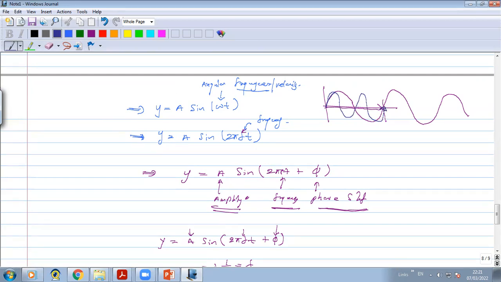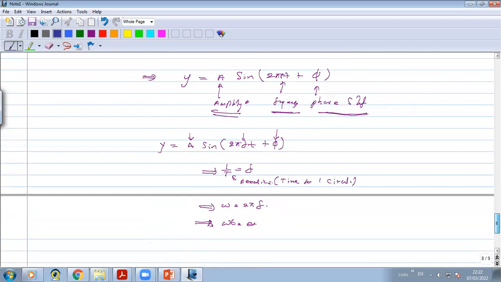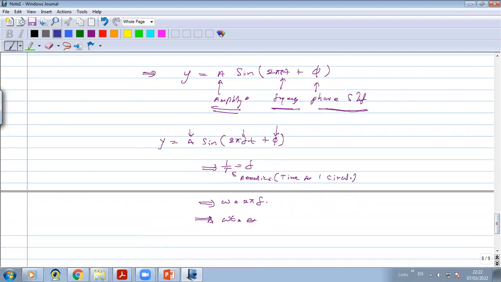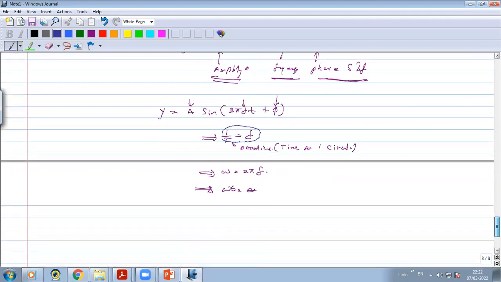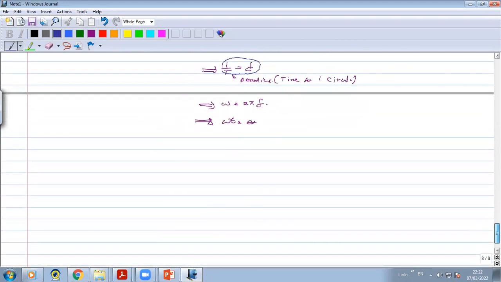So you can say that when f is increasing, the period will be reducing. If T is increasing, f is decreasing. Those are the things you should keep in mind.